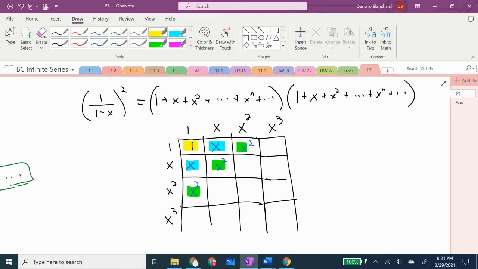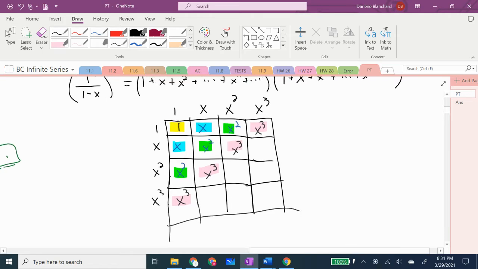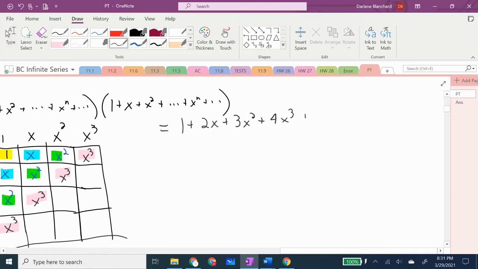The diagonal under that is your x cubed term. And perhaps you can see the pattern because each time I'm going to have one more item in my diagonal. So I can recognize that the multiplication is equal to 1 plus 2x plus 3x squareds plus 4x cubes. And it continues with that pattern.